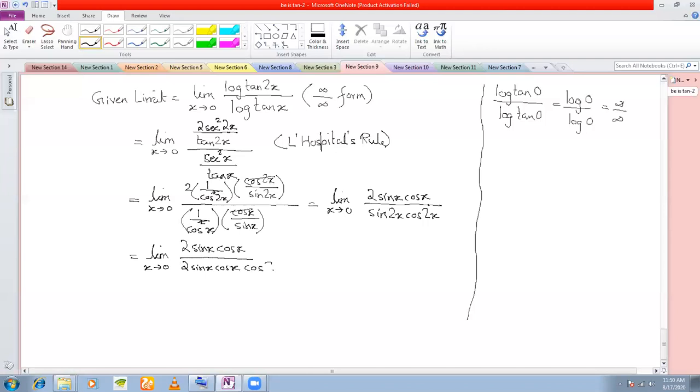Cos 2x remains as it is. Okay, now see what happens. This 2 cancels. This sin cancels. This cos cancels. So you're simply left with 1 by cos 2x. So now let's check. Put x is equal to 0, you get 1 by cos 0, which is 1.